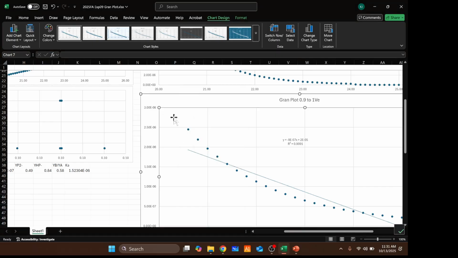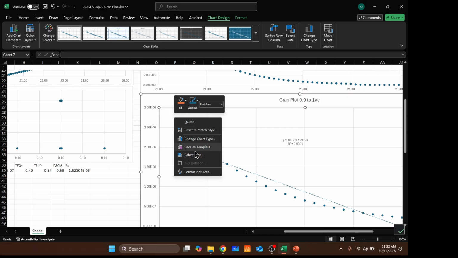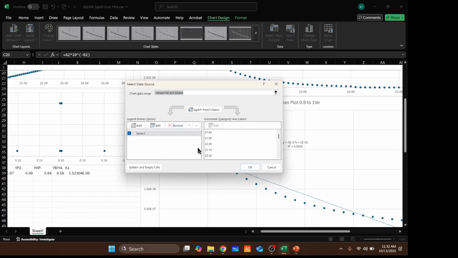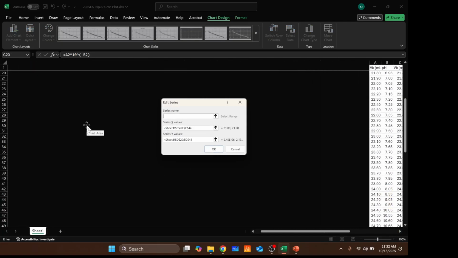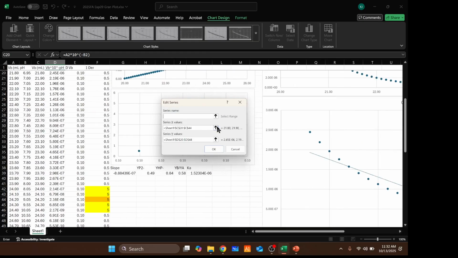See how I right clicked on this middle part, and I hit select data, edit, and I can actually change my data set. So I can swap out a data set. It's very common to need to do when you're doing a gram plot, because you need to do the last 10%, and it's very easy to end up with values in there that you don't want.